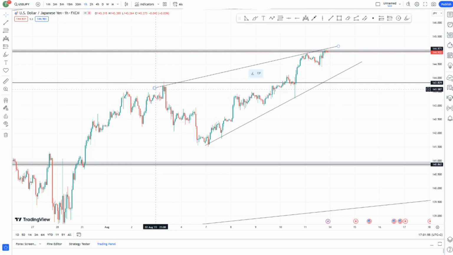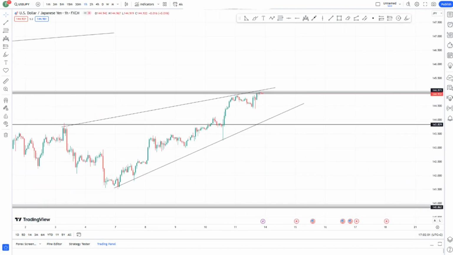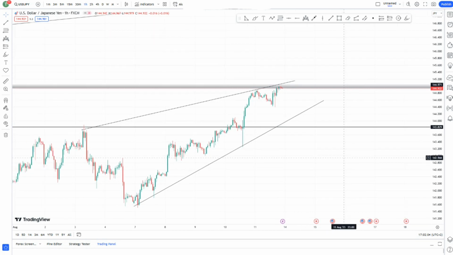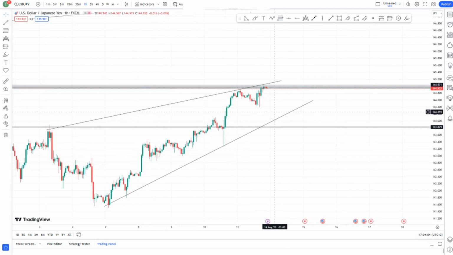Now guys, what I am seeing here on USDJPY is that we have a compressing channel, guys. This is a compressing channel. You can see that price is getting compressed because it came down and made a higher high right here. But you can see that price is getting compressed into this channel right here, right? So this is on the 1 hour time frame.